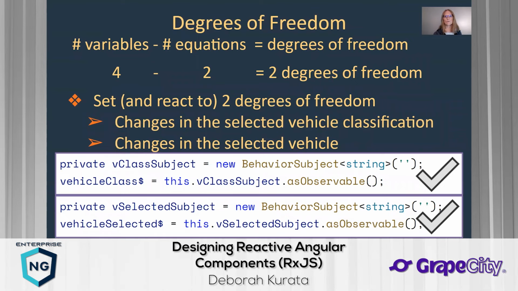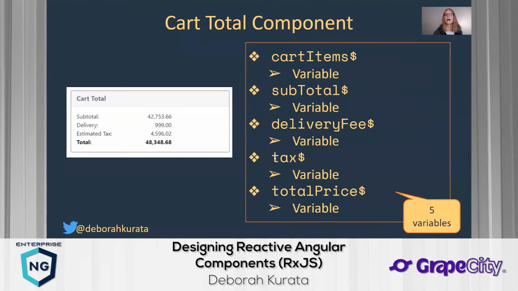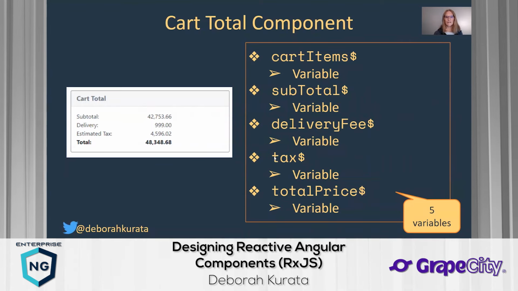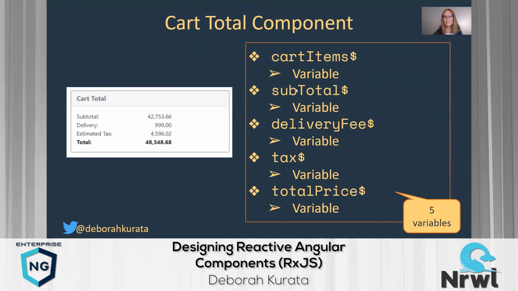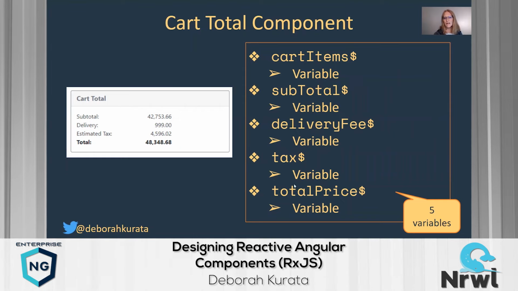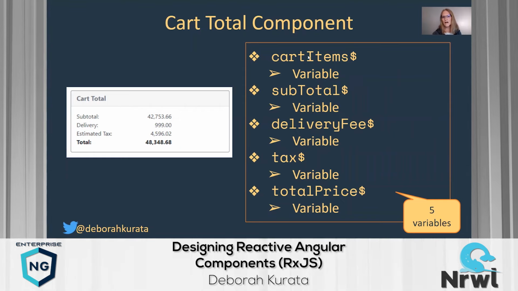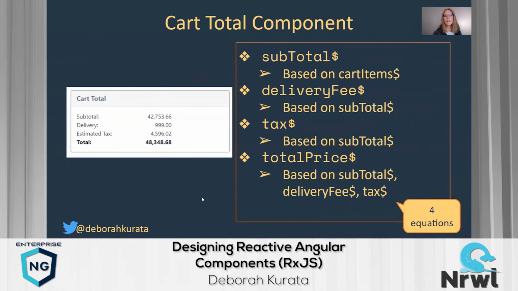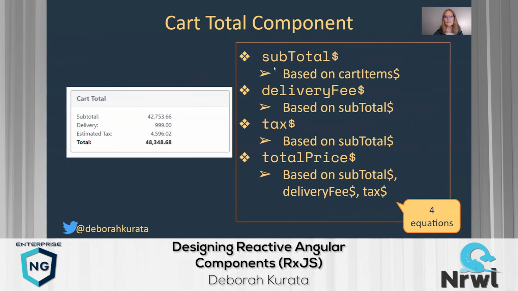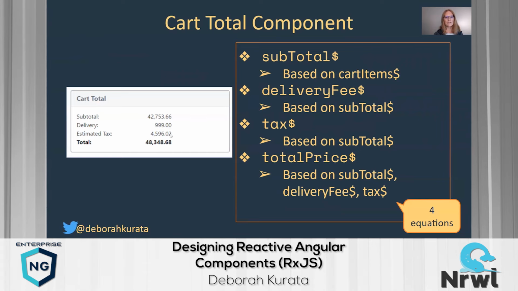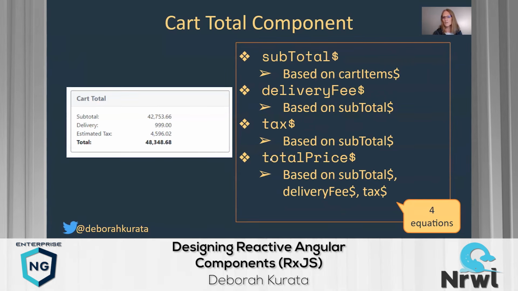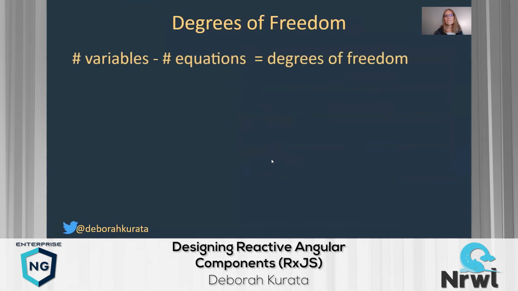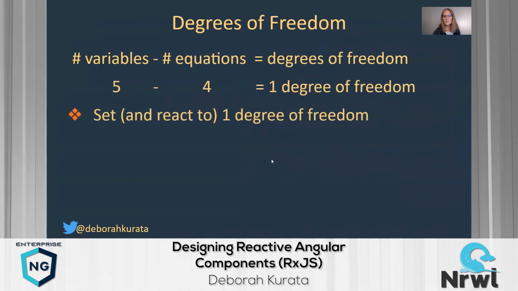Our cart total component, looking at a second example, has the cart items, which is definitely a variable, our subtotal, delivery fee, tax, and total, for a total of 5 variables here. And it has 4 equations. Each of these can be calculated from our cart items. So 5 variables, 4 equations, that gives us 1 degree of freedom.